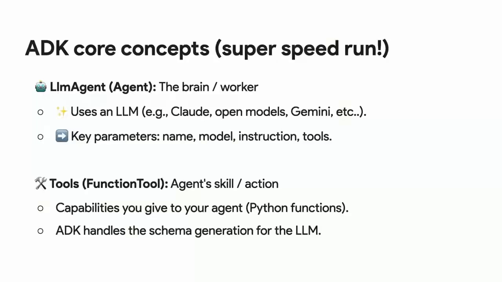But the simplest pattern that you can find is the LLM agent, which essentially uses just an LLM to build the agent. This class represents the brain of the agent, and it supports several models, including Claude. It requires you to set the model, give the agent a name, some instructions, and define the tools that you want to use. And then after you've done this, you get your agent already up and running.